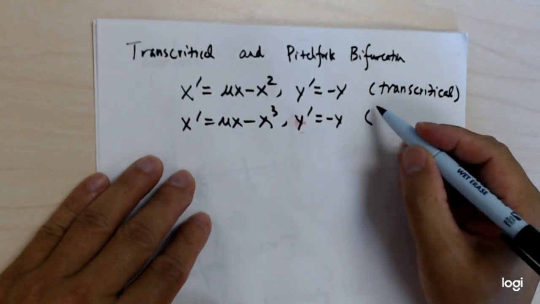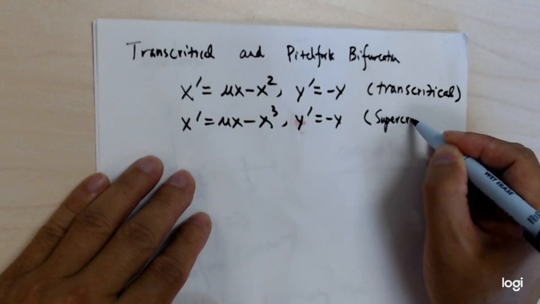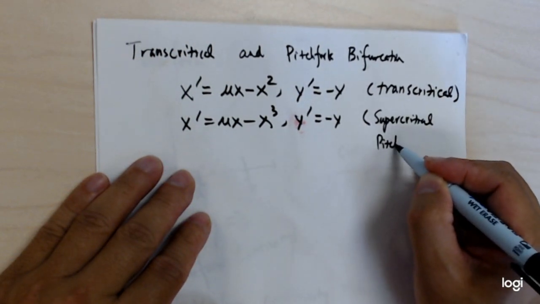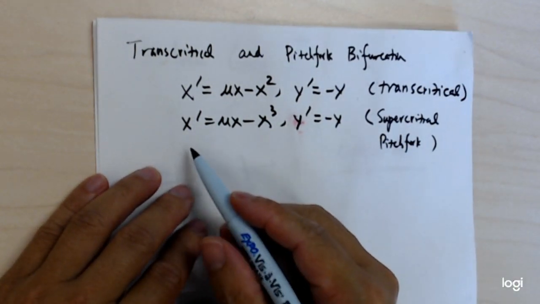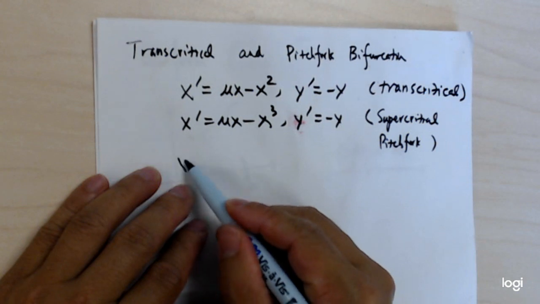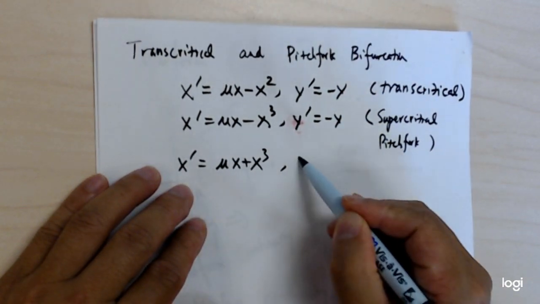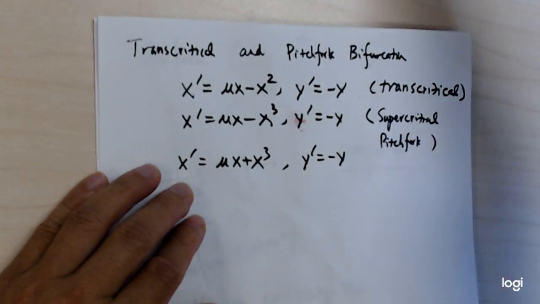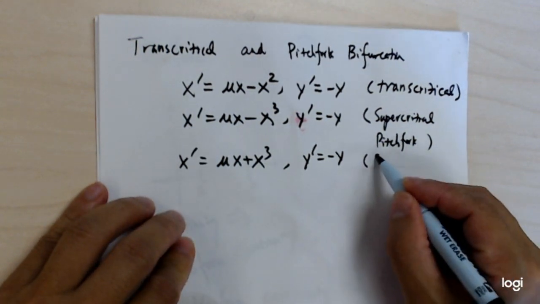This is a supercritical pitchfork. In other words, these are similar types of bifurcation to the one-dimensional system, with the one-dimensional equation here. So this is a subcritical pitchfork in 2 dimensions.